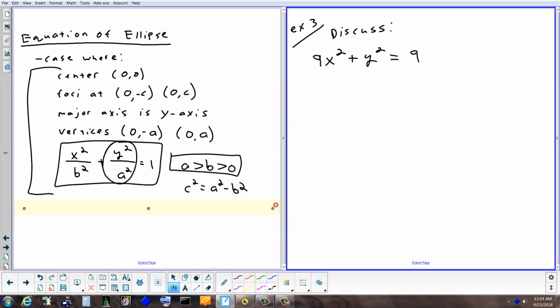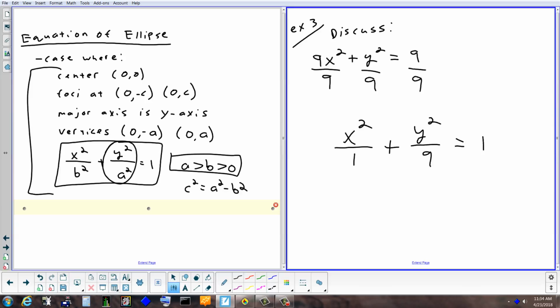When you write the equation of an ellipse, it's always supposed to equal what number? 1. No matter if it's up and down or left and right, it's always supposed to equal 1. So what could I do? I'd have to divide by 9 in all three spots. So now you've got x squared over 1, if you want to write it that way, plus y squared over 9 equals 1. Now it's written the way it should be.